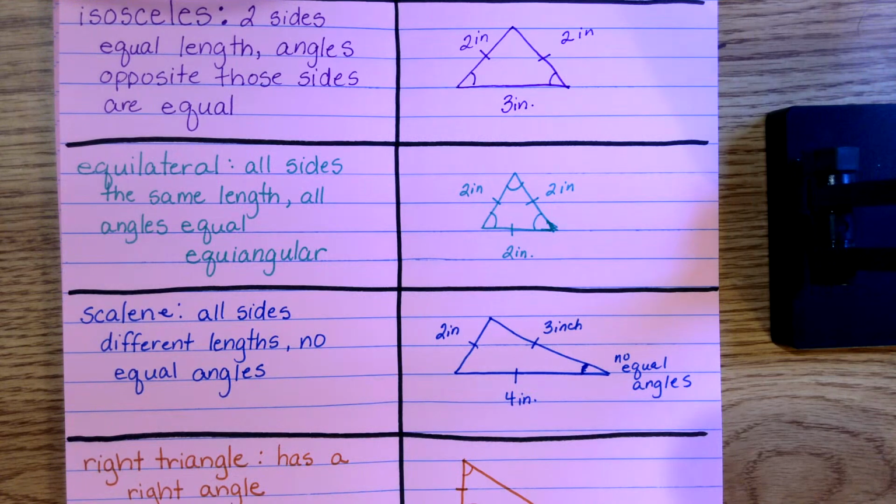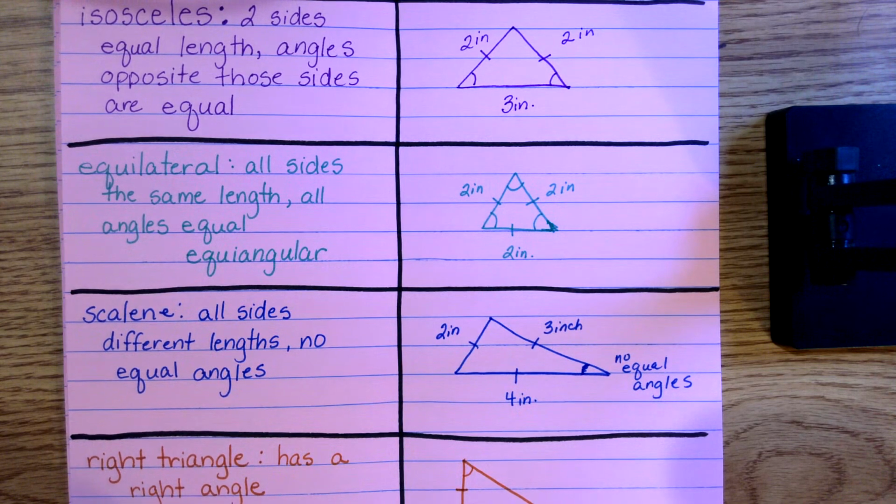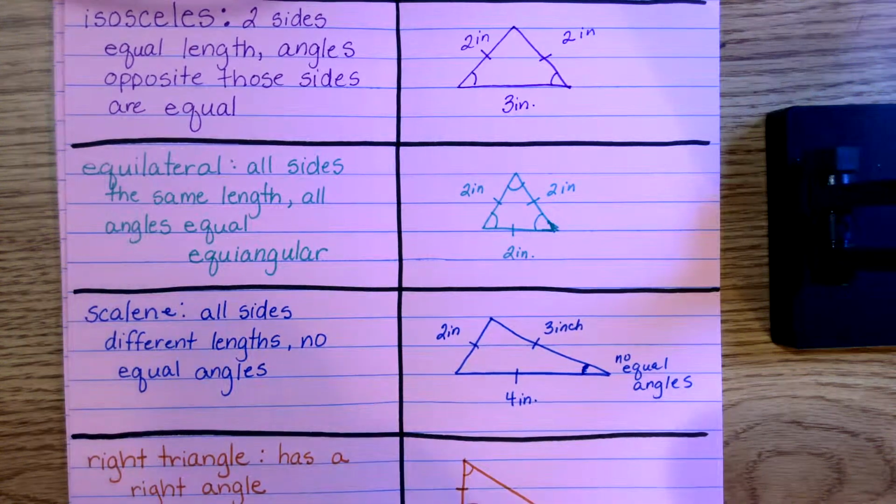All right, a triangle that has 3 acute angles is called an acute triangle. It's a cute little triangle.